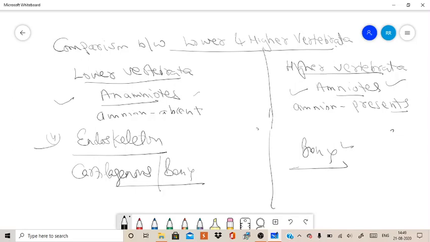So this is the difference. We know that the cartilaginous endoskeleton is present in cartilaginous fishes, and in some the bony skeleton is also present, but in amniotes there is always a bony endoskeleton present.